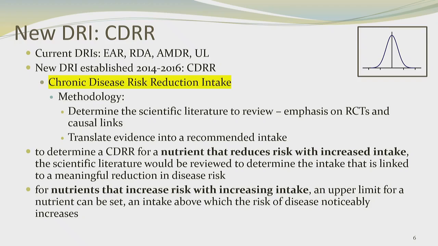On the other hand, if the nutrient increases the risk of disease with increased intake, then an upper limit for the nutrient will be set. This is a nutrient level above which risk of disease will noticeably increase.